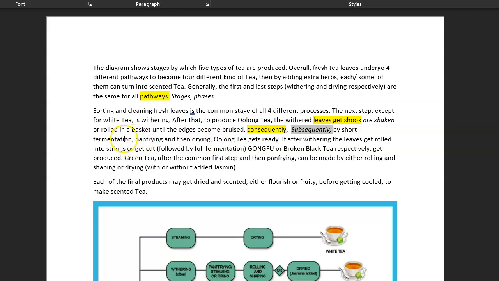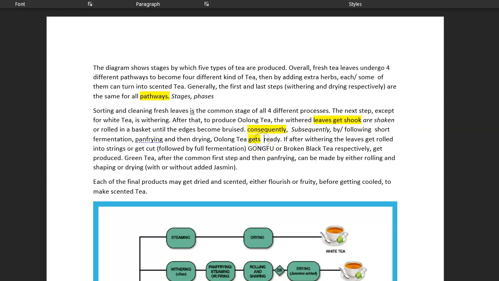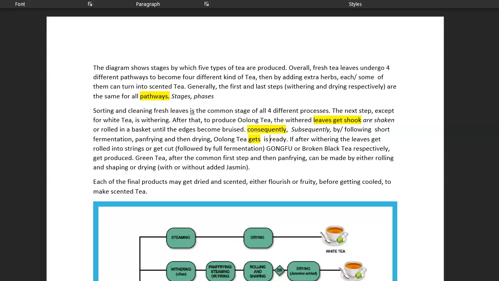Subsequently, by short fermentation or following maybe rather than by, short fermentation, pan frying, and then drying, oolong tea is ready rather than gets ready. Again, watch out, that verb get is a bit too informal. Is ready. Get is a bit too informal for this sort of writing.